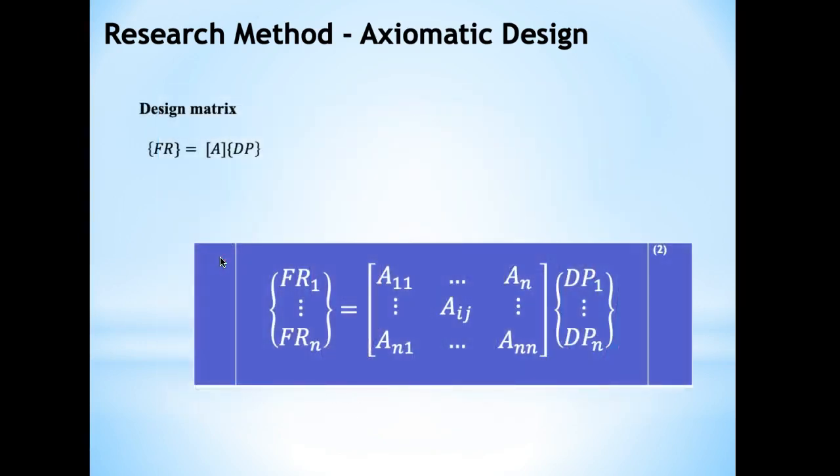But before that, this research method, axiomatic design, is based on matrix. That is why we are using this general formula for matrix: FR equals A times DP. So this formula is being expanded as seen below.